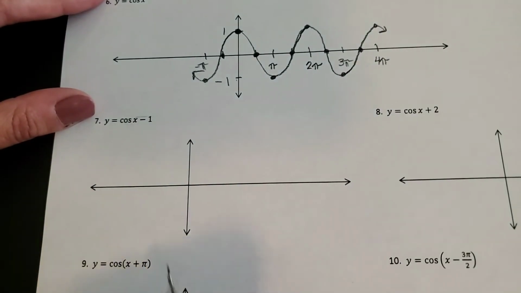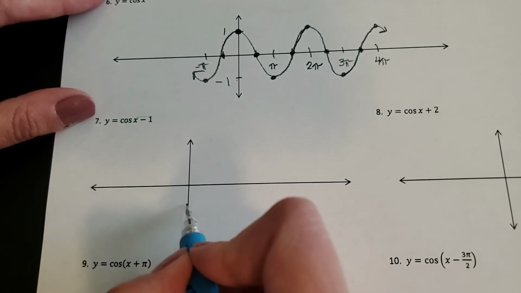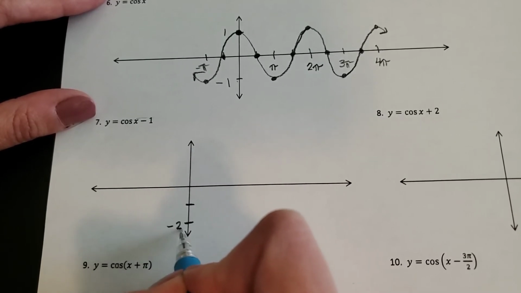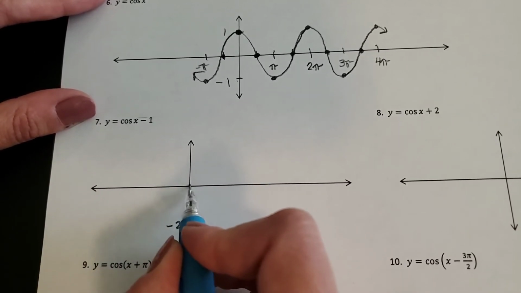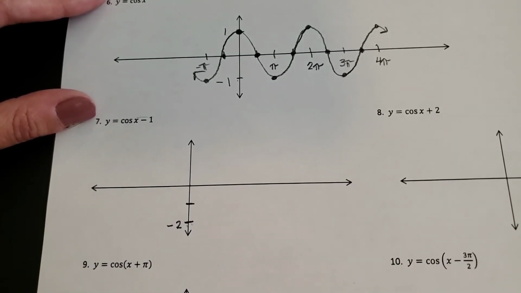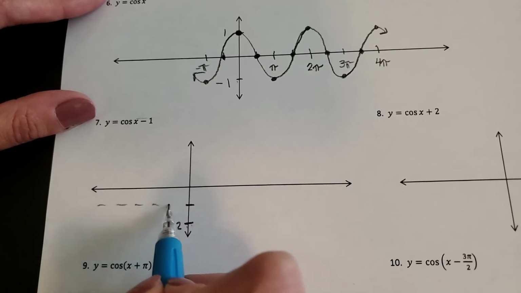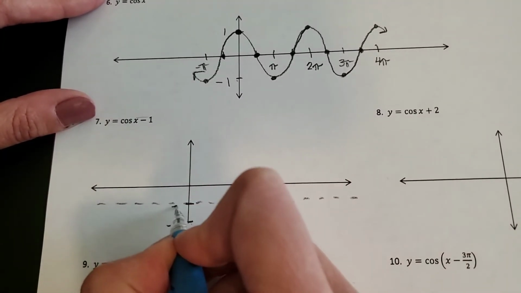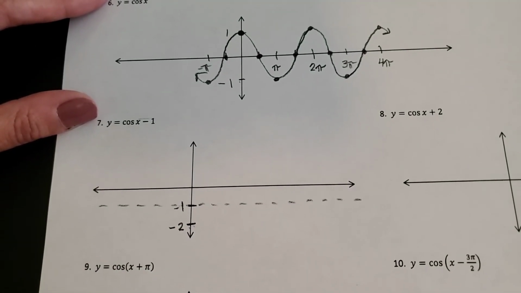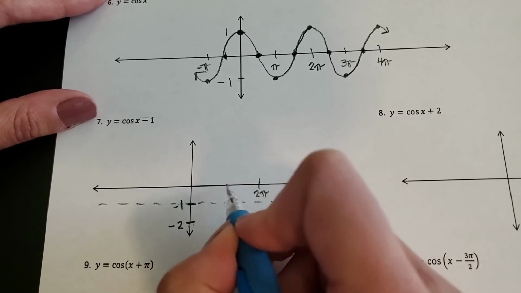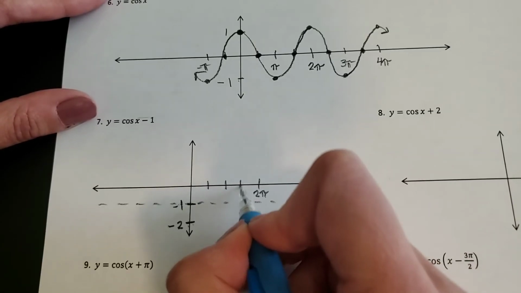So everything's going down 1, which means I will bounce between -2 and 0. -2 will be my new minimum, and 0 will be my new maximum. And that midline gets shifted down at that -1. Went down 1. The period length stays the same.